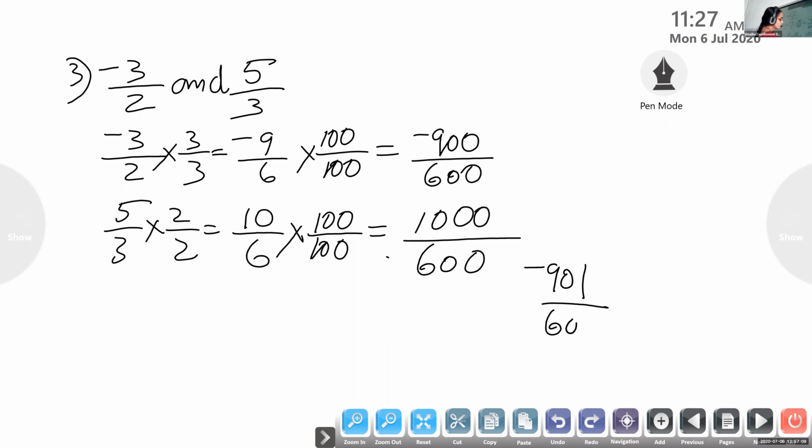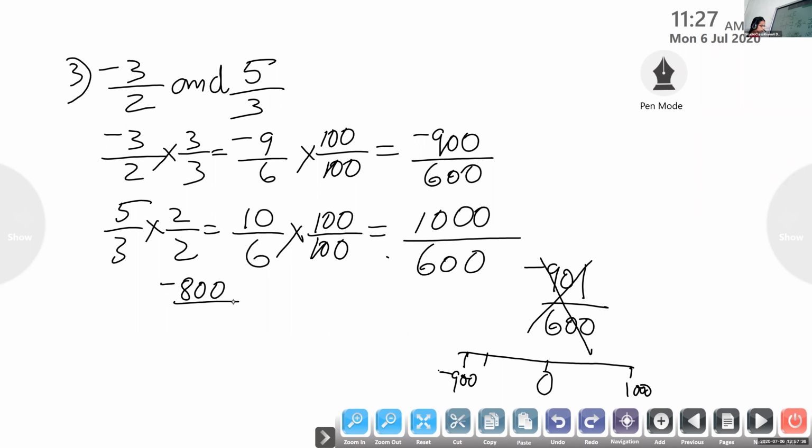No. So you cannot write negative 901, it is on the left side of negative 900. Imagine our number line. Negative 899 we can write. This is negative 900 and here is 1000, which is positive. So negative 800 is correct.